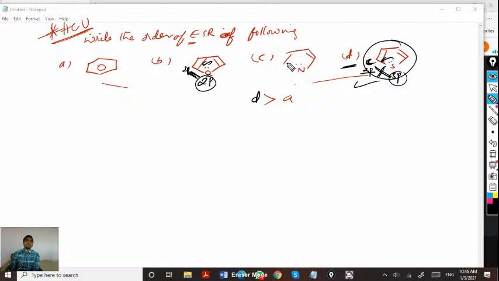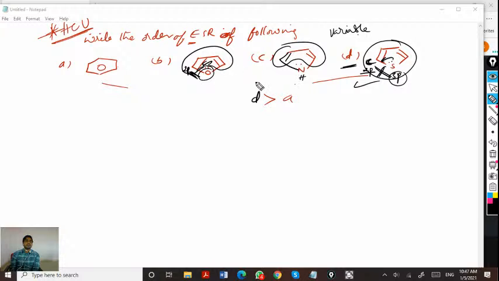Now these two are having the same 2p and 2p. So if it is 2p and 2p, how to deal with this? Every time I mention only one thing in a comparison question: you need to see the variables. So what are the variables you are able to see? This all is the same in the two molecules.